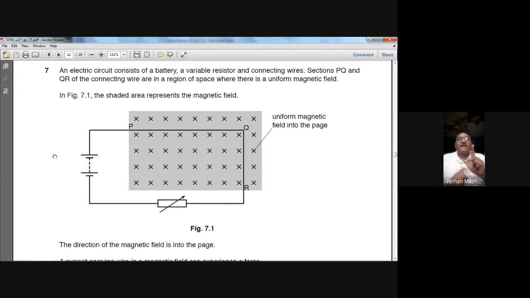This is my left hand. Now, the thumb is F, the index finger is M, and the middle finger is C. F, M, C: force, magnetic field, current.